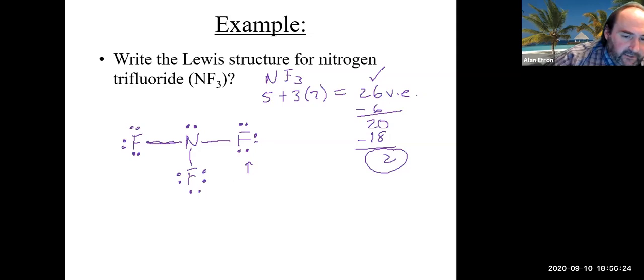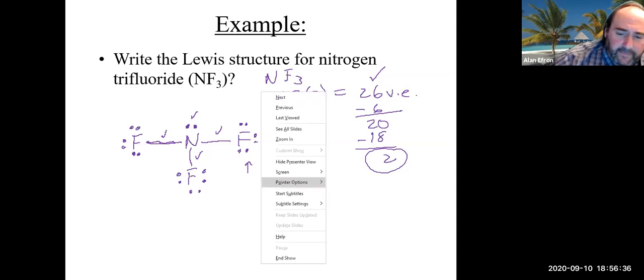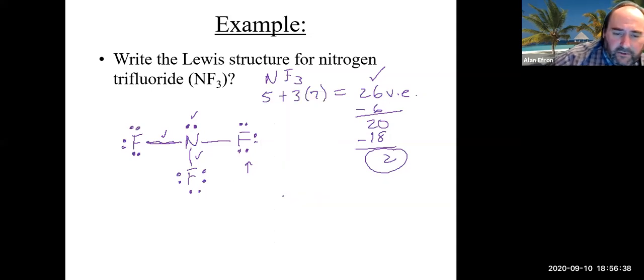And my good friend nitrogen here in the middle, that is 2, 4, 6, and 8. So it also has 8 as well. And that means everybody is happy. Everybody has the octet rule met. We have used only our 26 electrons. And this would be the correct Lewis structure here for NF3. Any questions on that there?